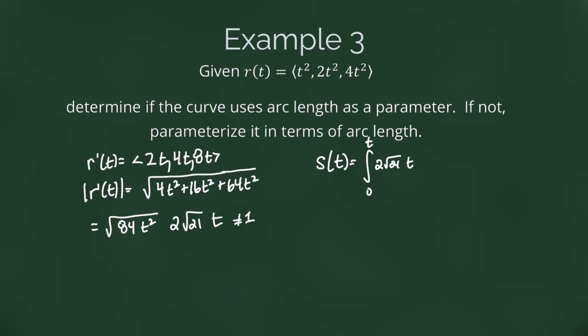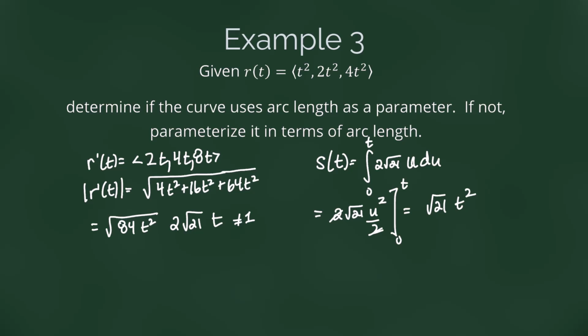Well, we're going to write that in terms of u, so we have a dummy variable inside of there, so our limit variable and our inside variable don't match. So that is going to give us 2 root 21 times u squared over 2, and obviously the 2's cancel. We'll evaluate that from 0 to t, and we see that we get root 21 t squared as our s of t.